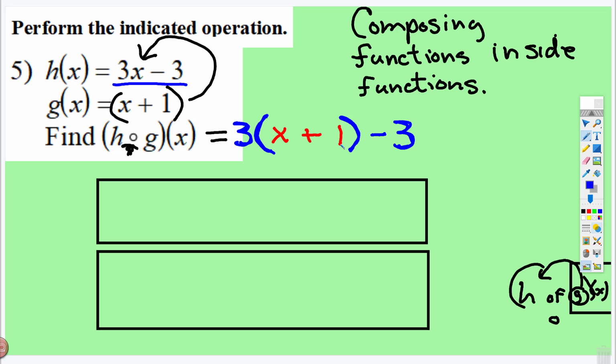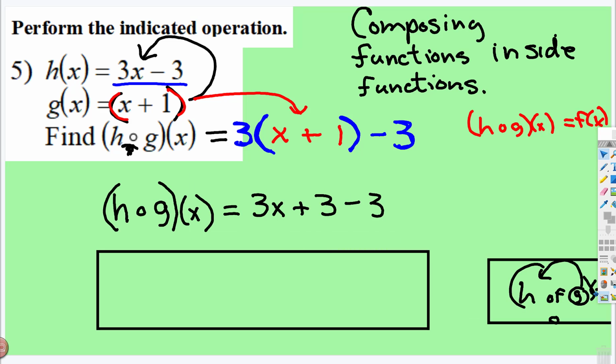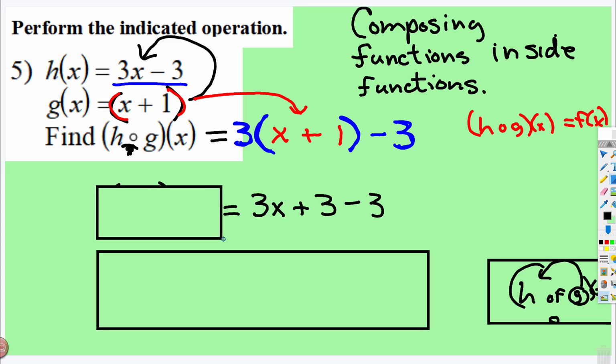And where that parentheses is, I took this entire function and put it into the parentheses. Now if I said h of g of x, I'm going to call that f of x, instead of all this stuff right here.